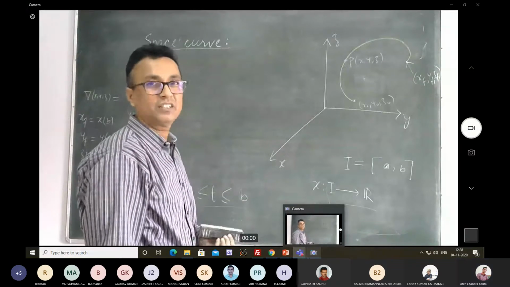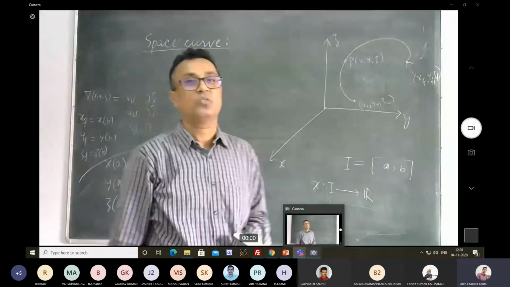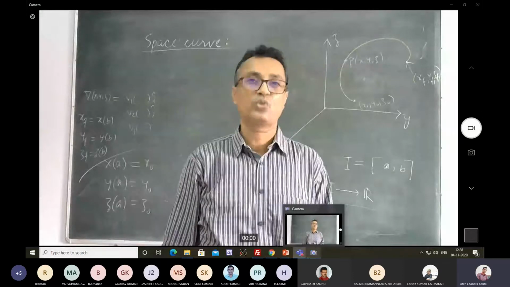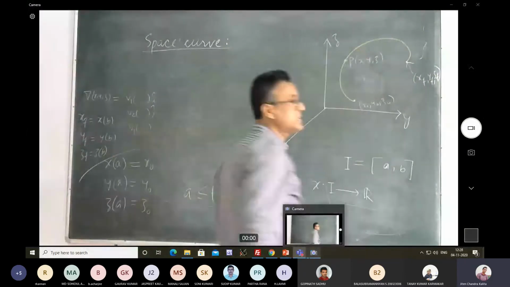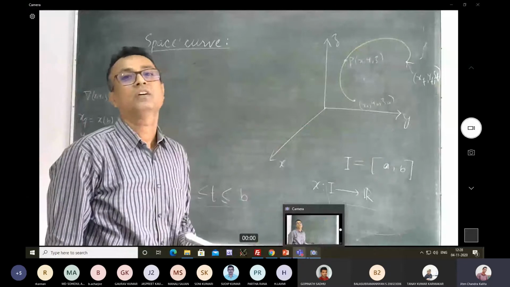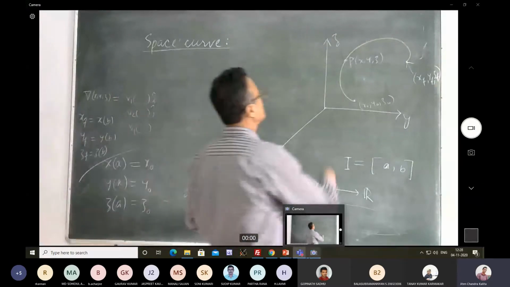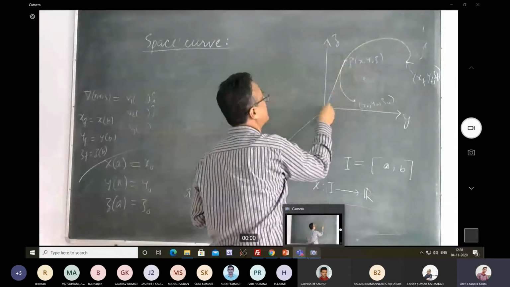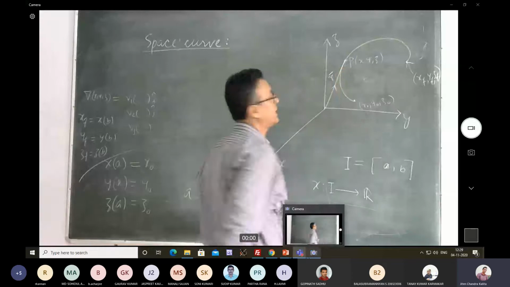If you consider a to be 0, suppose t represents time, so we start at t equal to 0, and at a particular instant P is the location of a particle starting at (x naught, y naught, z naught). Then I'm going to draw a vector from the origin to this point, and this vector I'm going to call r, right?